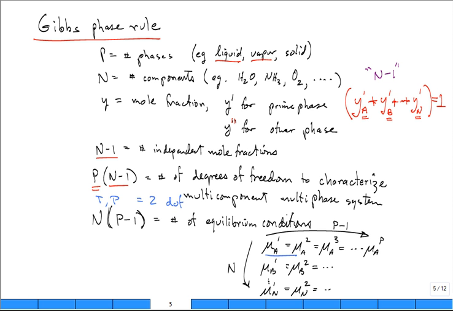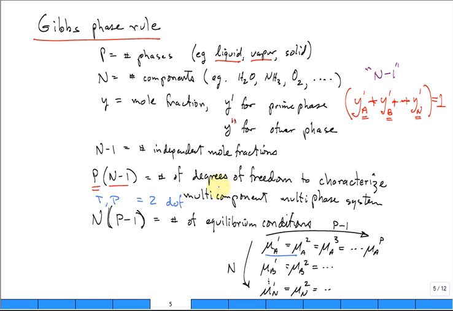So there's N minus 1 independent mole fractions for each phase. You have the N minus 1 mole fractions that describe the mixture in the first phase and then in the second phase. So that's what we mean here. It's N minus 1 independent mole fractions for each of the phases.